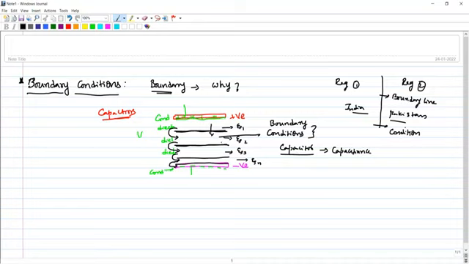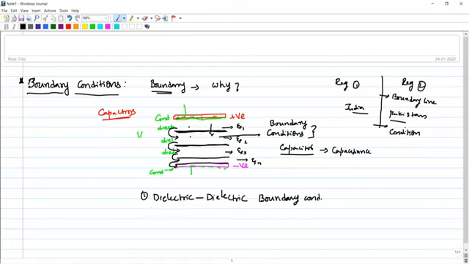So with respect to the different boundaries, these boundary conditions are classified. See here, the electron is traveling from one dielectric material to another dielectric material. So this type is called dielectric boundary conditions.